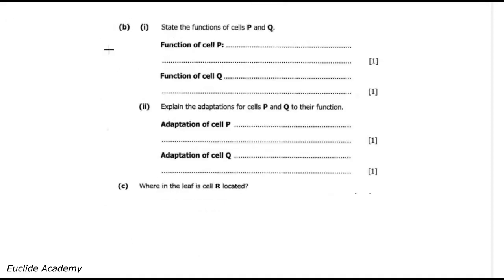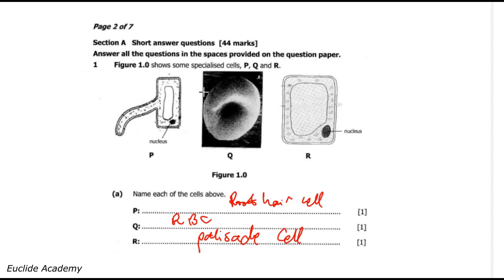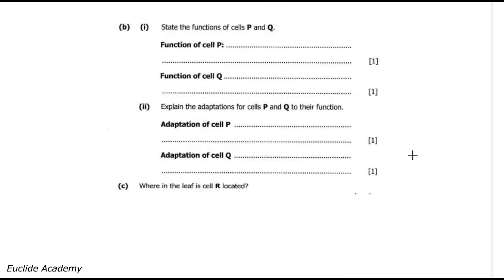Now let's go to question 1B, which says state the functions of cells P and Q. P is the root hair cell. What does the root hair cell do?